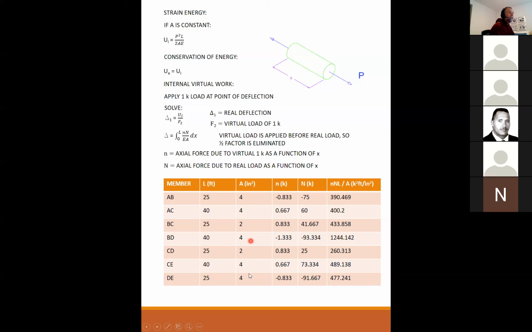Here's the area in inches squared. Here are the loads that we just found due to the virtual load. Here are the loads we just found due to the real load. And then what I've done here is I've multiplied little n times big N times L and divided by A to get this sum here.